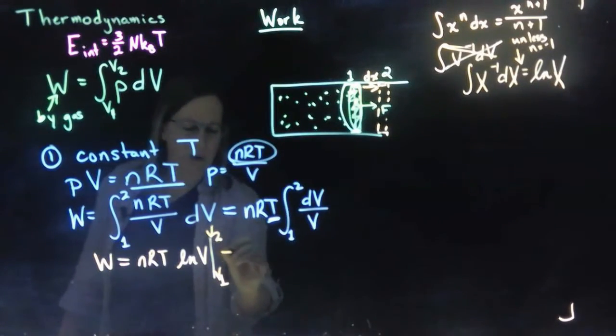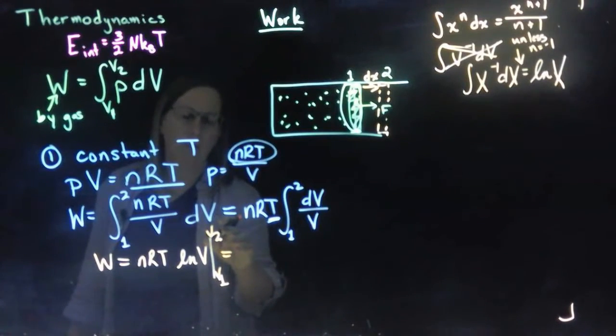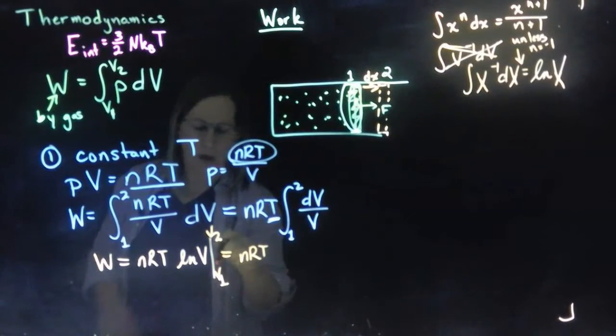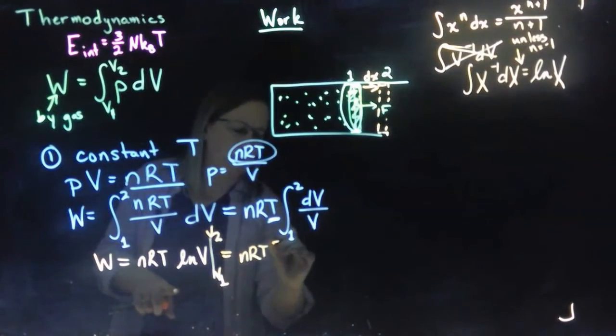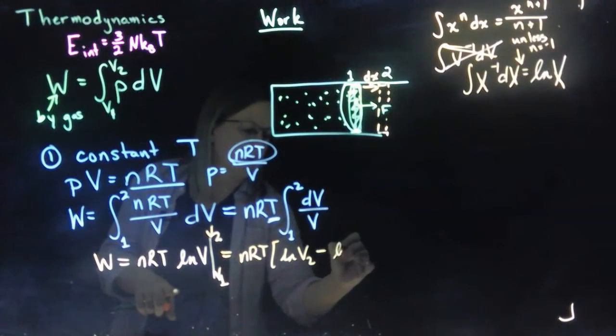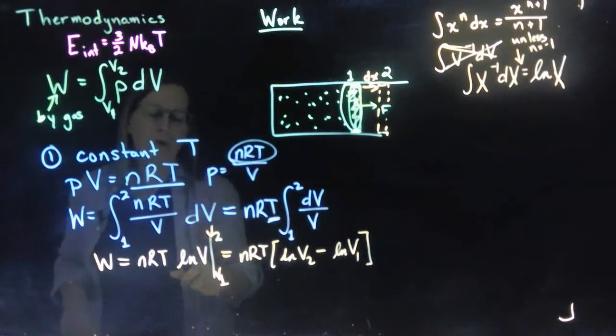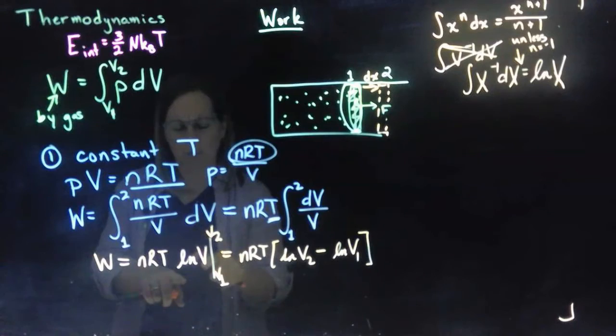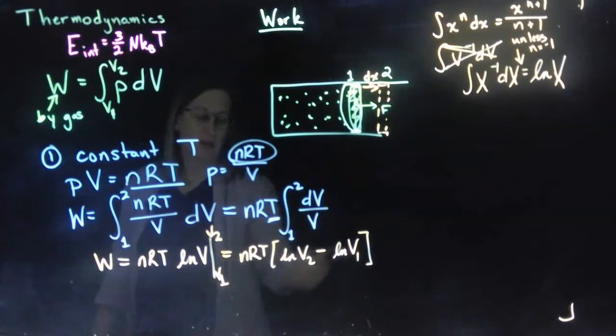And so this becomes, remembering our rules for definite integrals, nRT, and I can substitute this in here. It becomes natural log of v2 minus natural log of v1. If you don't really remember the rules of definite integrals, all you do is substitute the first value in, subtract it, and put in the second value, just like I've done here.